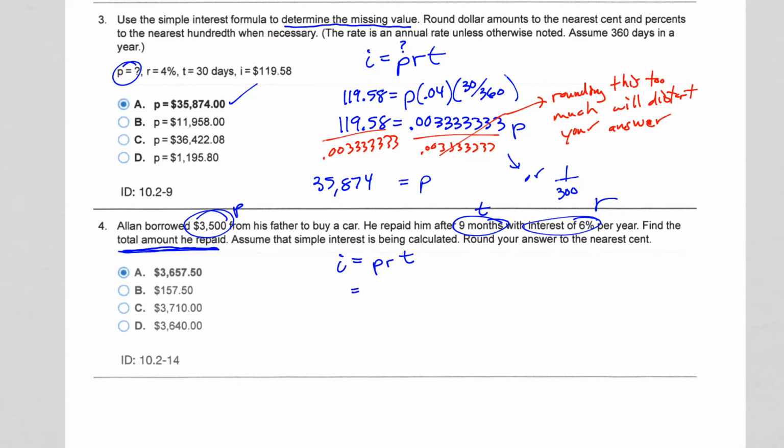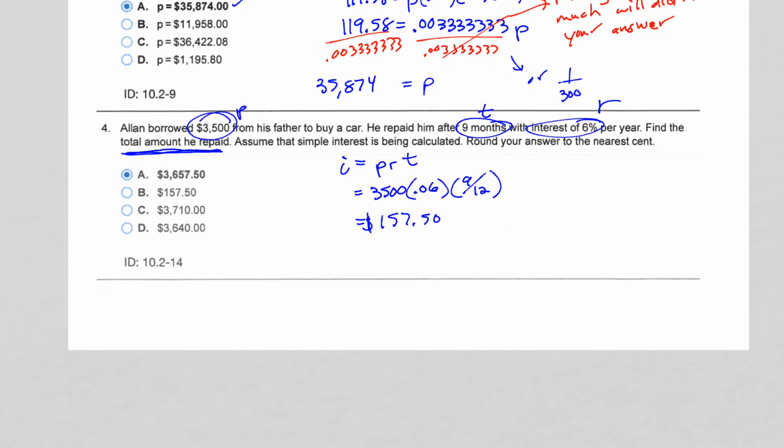Okay, so 3,500 times 0.06, times 9 months out of 12 months for the year. Put this all in your calculator, and this is going to give you $157.50. Okay, this is not the final answer because this is the charge, this is the interest.